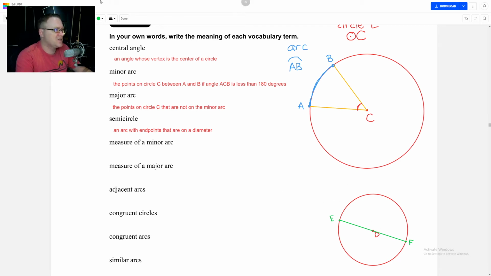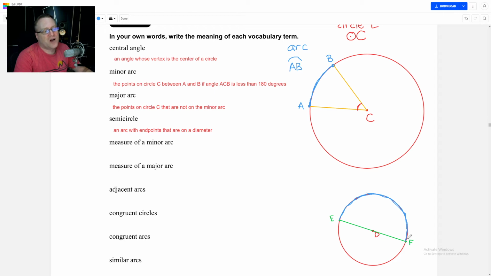And a semicircle is an arc that has endpoints on the diameter. So I'm going to draw my arc in blue. If I start here at E and I draw an arc, it means all the points on the circle here. Kind of hard to draw. Don't worry about that. This blue thing right here.